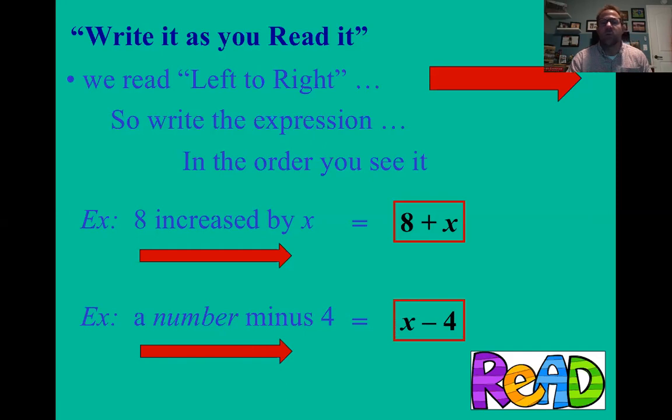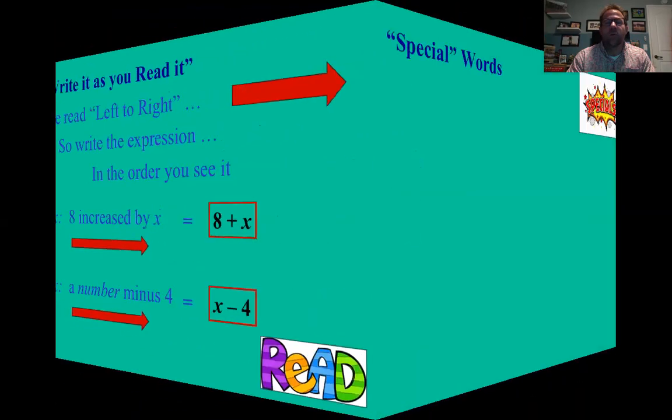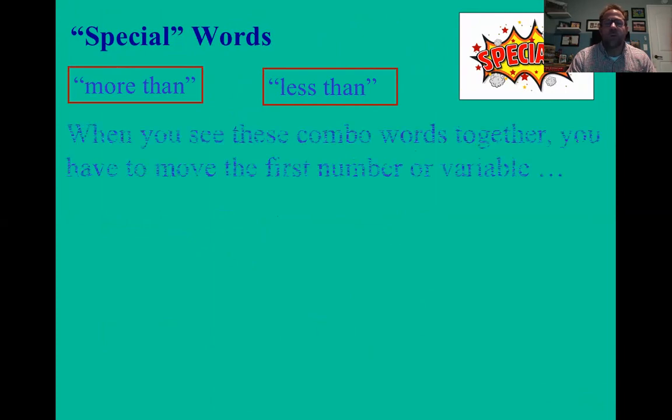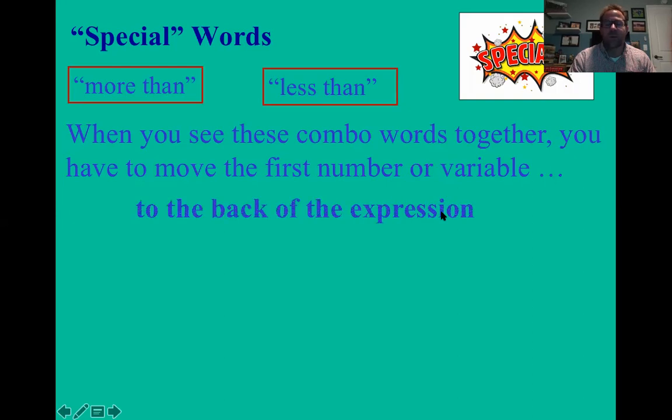That was a general rule, but there are a few exceptions, and I gave you a rule I call the specials, the special words. Two phrases that fall under the specials are more than and less than. Whenever you see this combination of words, you want to reverse the order. You take the first number or variable that you see and move it to the back of the expression.